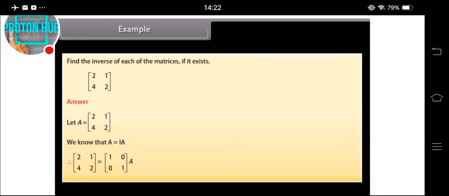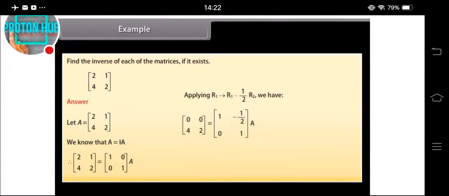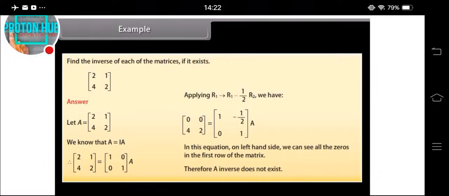Therefore, row-wise first row 2, 1, second row 4, 2 is equal to row-wise first row 1, 0, second row 0, 1 into A. Applying R1 changes to R1 minus 1 by 2 of R2, we have matrix row-wise first row 0, 0, second row 4, 2 is equal to row-wise first row 1, minus 1 by 2, second row 0, 1 into A. In this equation, on left-hand side, we can see all the zeros in the first row of the matrix. Therefore, A inverse does not exist.